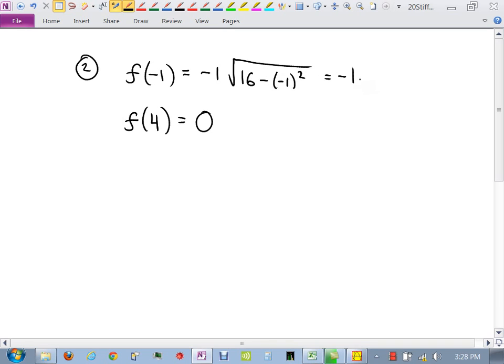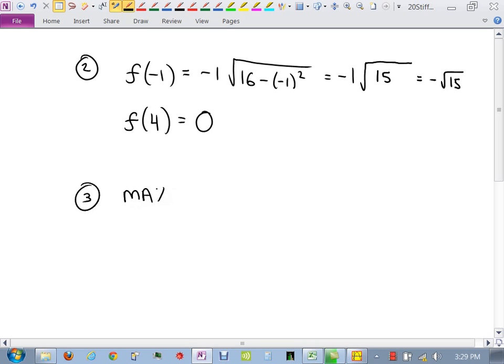That's negative 1 times the square root of what? When you square negative 1, you get 1, so minus 1, so square root of 15. So negative root 15. Which is like, what, like 4 point something? Negative 4 point something?